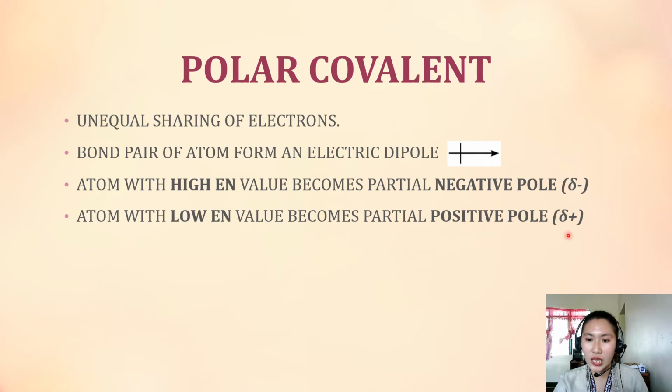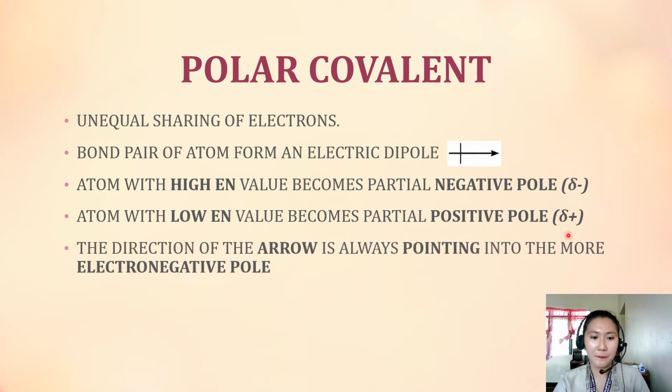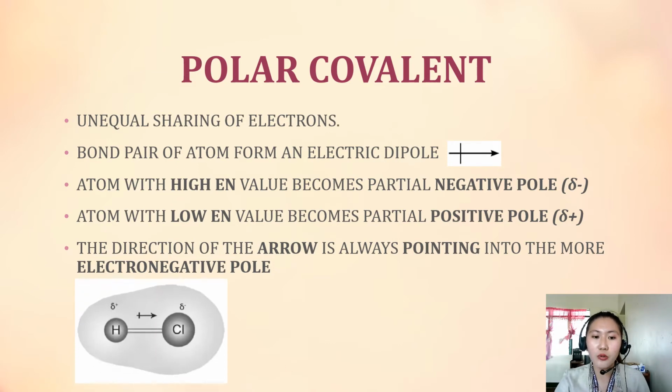So this is how we illustrate the positive pole, delta positive, okay? The direction of the arrow is always pointing to the more electronegative pole. So the arrow points to the more negative pole. So who is more negative? Who has the higher electronegativity? That is where the arrow will point.